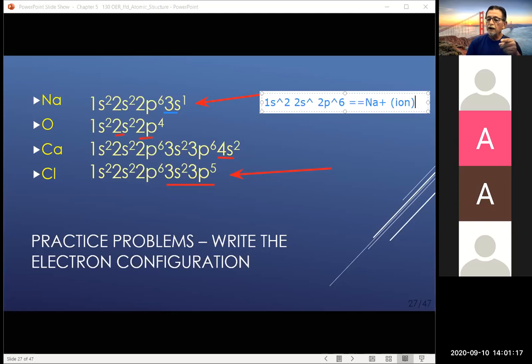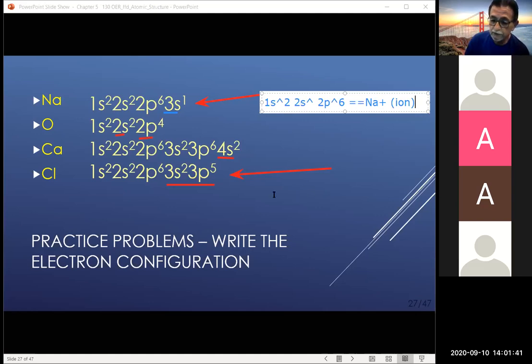Because it lost that one electron, and now that 3s1 is empty, it goes to the next layer in, which is the second. It has 8 valence electrons, which is the driving force as to why it's much more stable, because it's searching for the octet, like the noble gases.